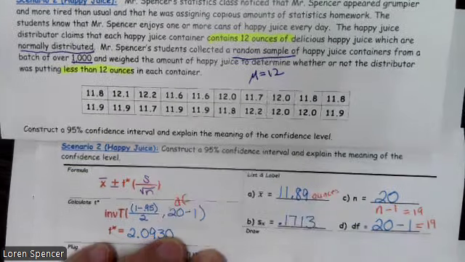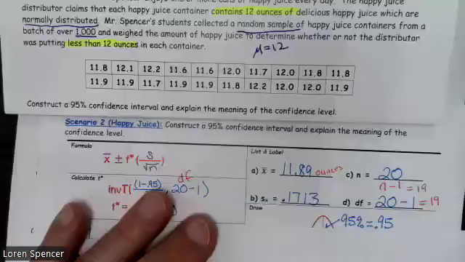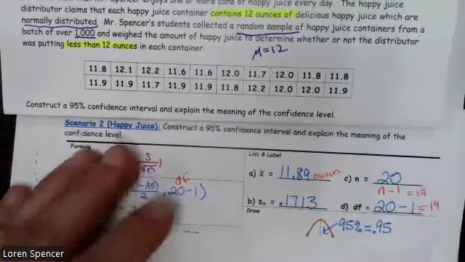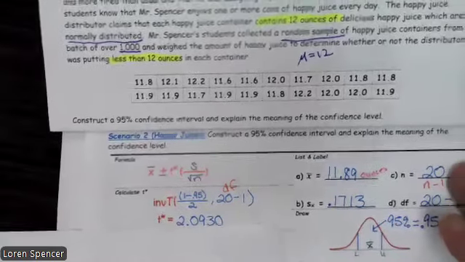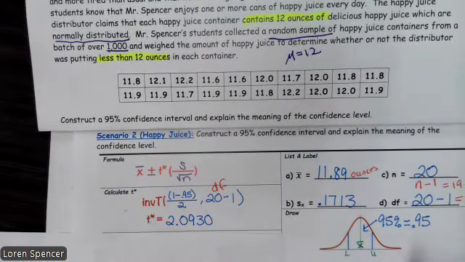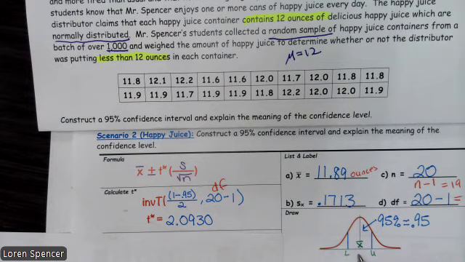All right, drawing it. Hypothesis tests are centered on the population mean. However, confidence intervals are centered on x bar. So in this case, we're centered on our x bar, and our x bar is 11.89 ounces. And basically 95% is here.